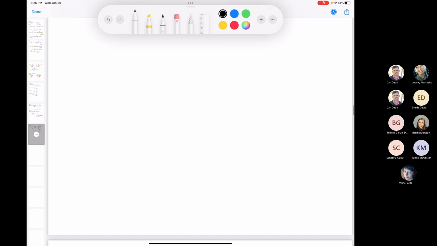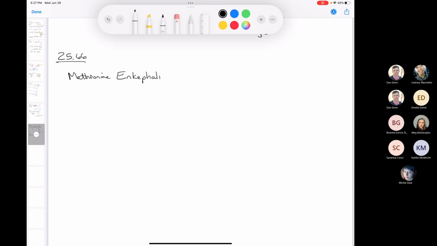The next one I wanted to try with you is 25.66, which deals with this compound called methionine enkephalin. And we looked at it earlier on, and it asks us to draw a bond line structure of methionine enkephalin.